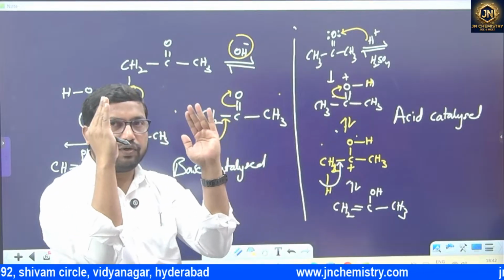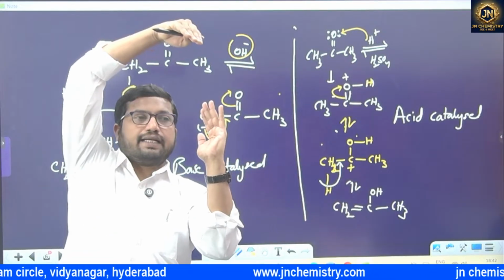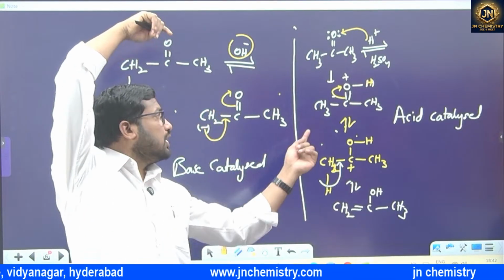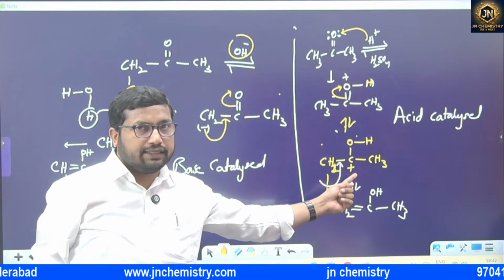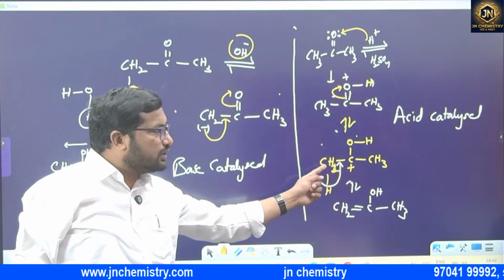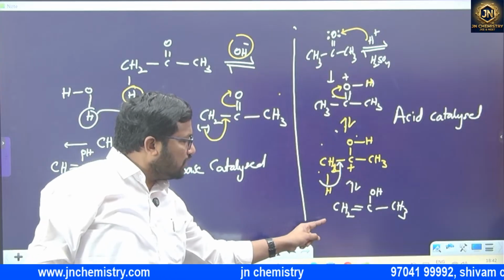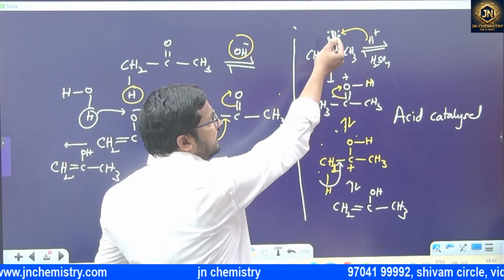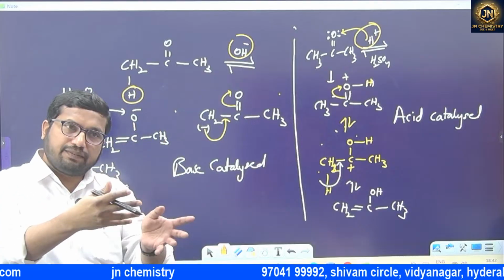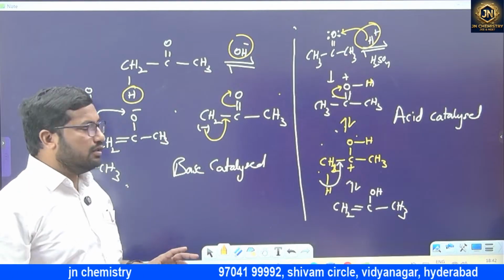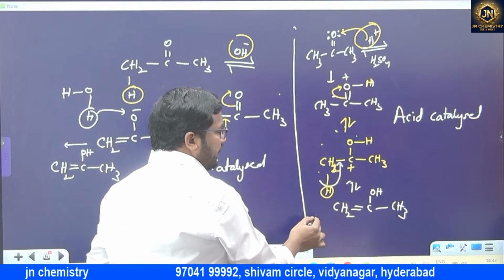Then one double bond migrates to oxygen, so automatically carbon gets the positive charge. When the positive charge comes, one of the protons goes out, and the H plus is taken by the acid once again. So this H plus is going back.